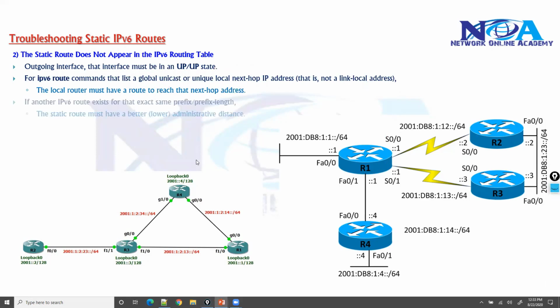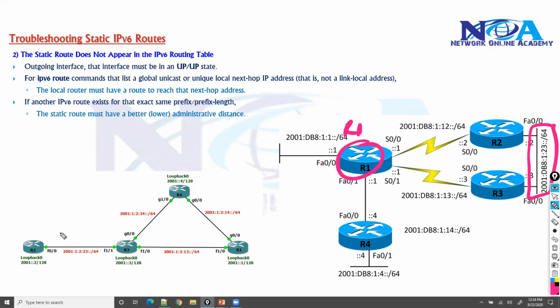And one more thing we need to check is if you have multiple routes, like in this example. Let's say from router 1 to reach this particular subnet, you have multiple routes here. So we have this route, and then maybe on router 3 you have configured this route.